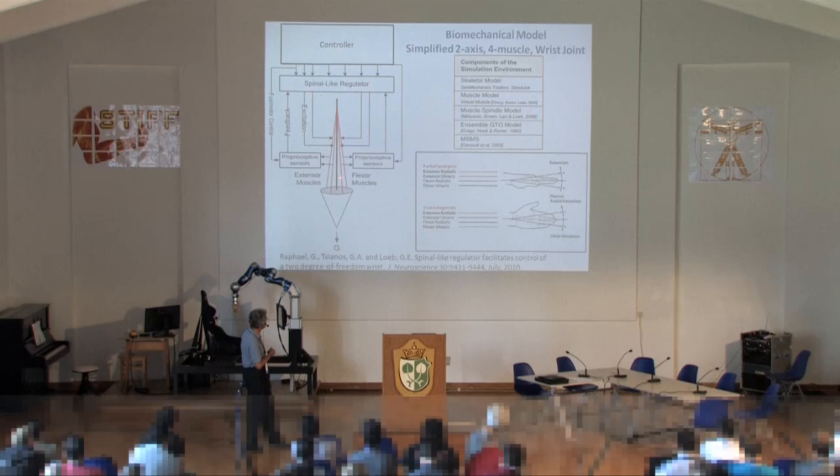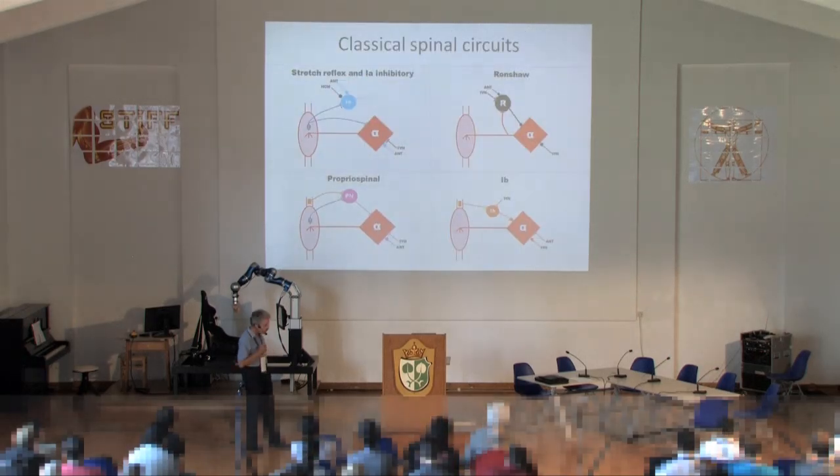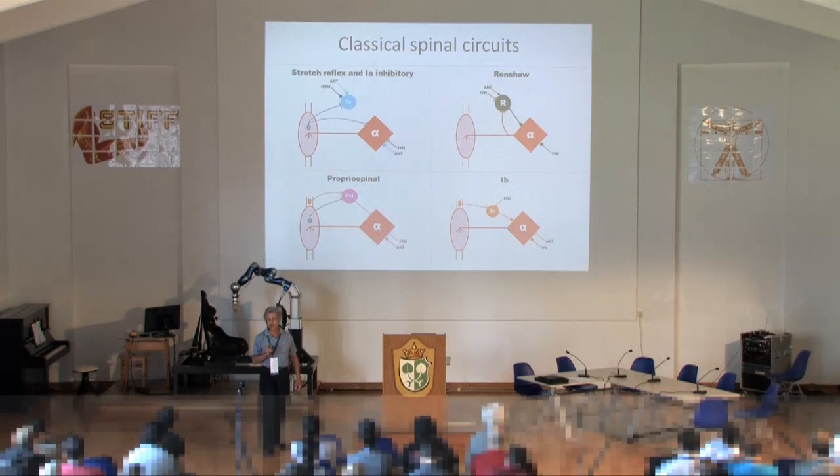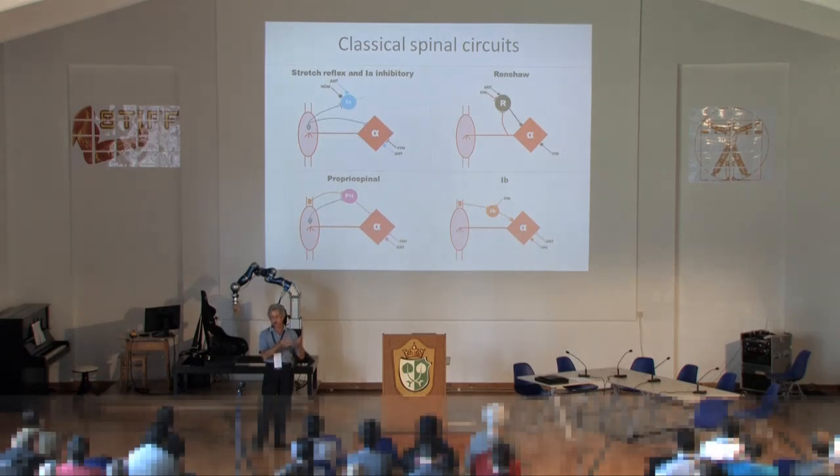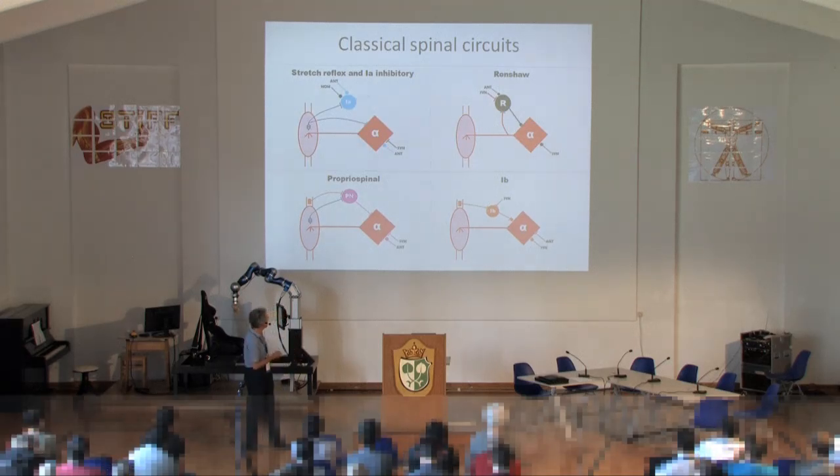So we built up a model of the physiological properties of these muscles and their proprioceptors into the system. And then we also put in the known circuitry of the spinal cord. It turns out for about the last 100 years, people have been mapping out the projections between all the proprioceptors and all the motor neurons through these interneurons. And so there are classes of interneurons that have different combinations of connections.